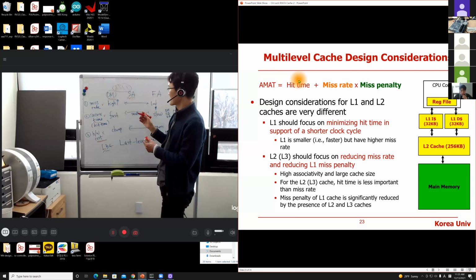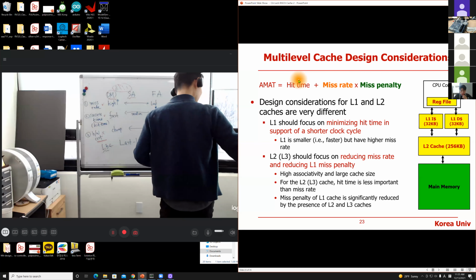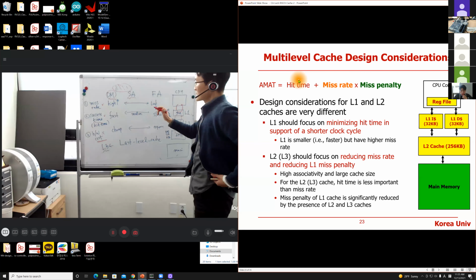So let's say direct map cache. If you use direct map cache, access time is 1 cycle. What if I increase associativity to two-way set associative cache? Then measure the access time, still 1 clock cycle.